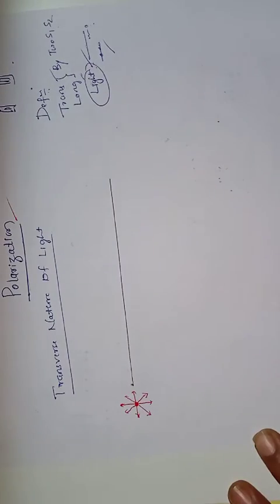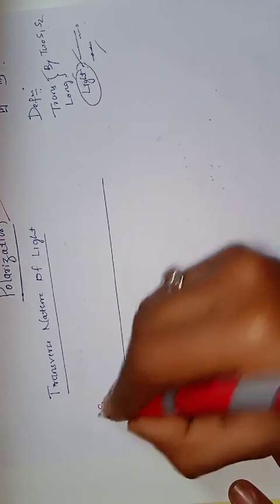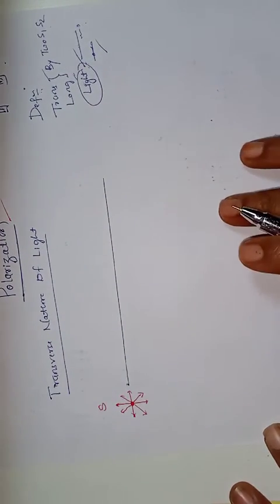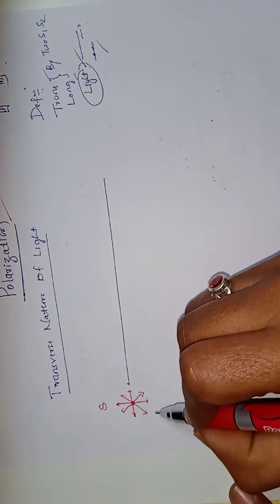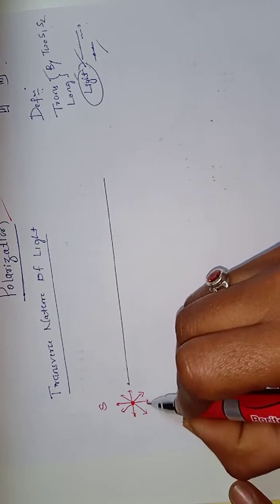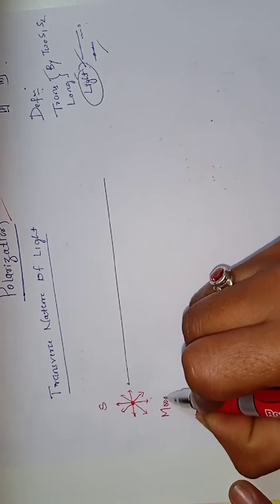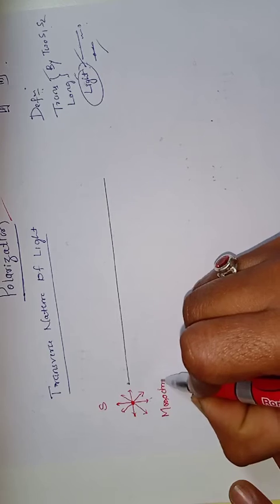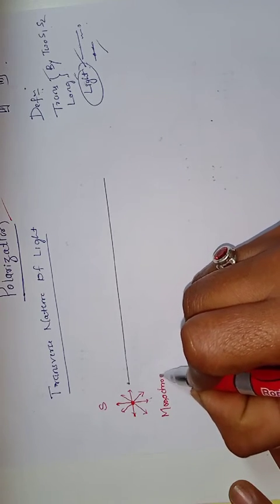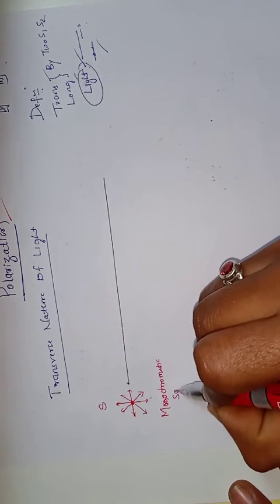That source we can call S. We are getting this light from a monochromatic source.